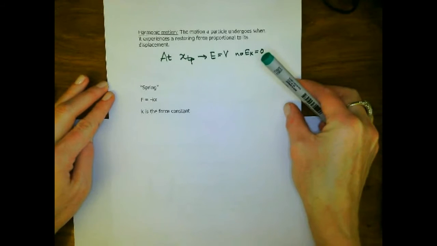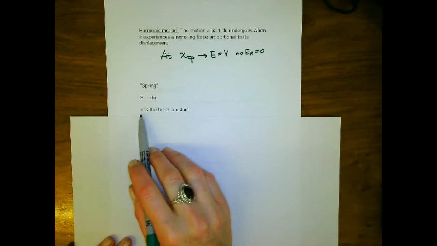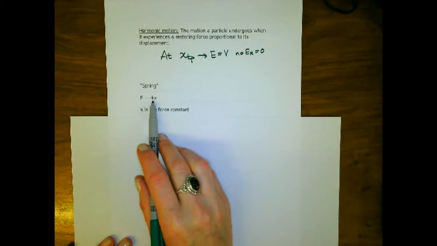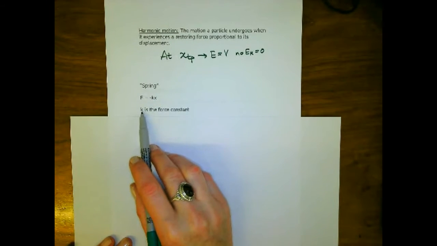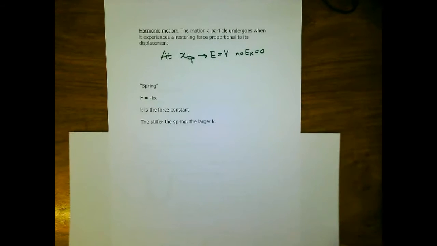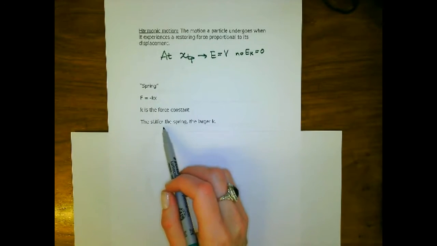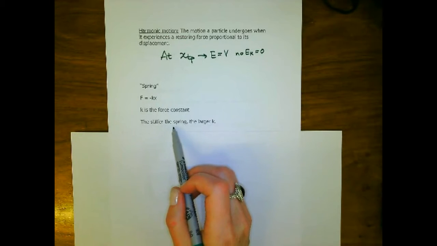One can express the equation that describes the force that is experienced, and k is known as the force constant, whereas x is the position of the oscillator. And this force constant tells us how stiff the spring is.